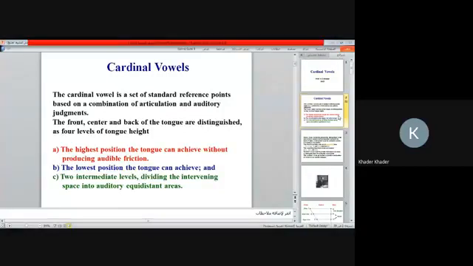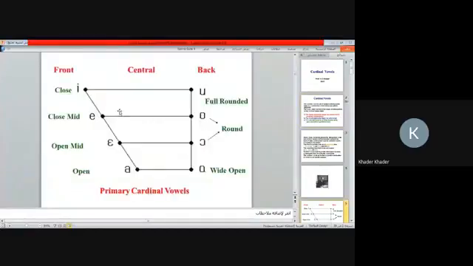In the sense that when we have taken, for example, this one, we focused on the front of the tongue, central, and back. So we are going to deal with this diagram from the extreme points of view, in the sense that we are going to compare number 1 with number 5, and number 4 with number 8.